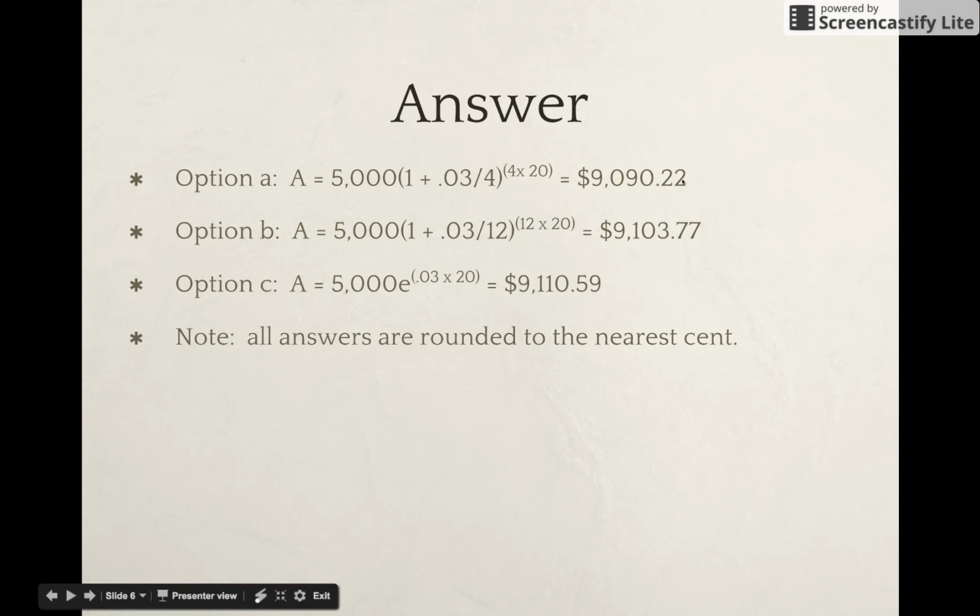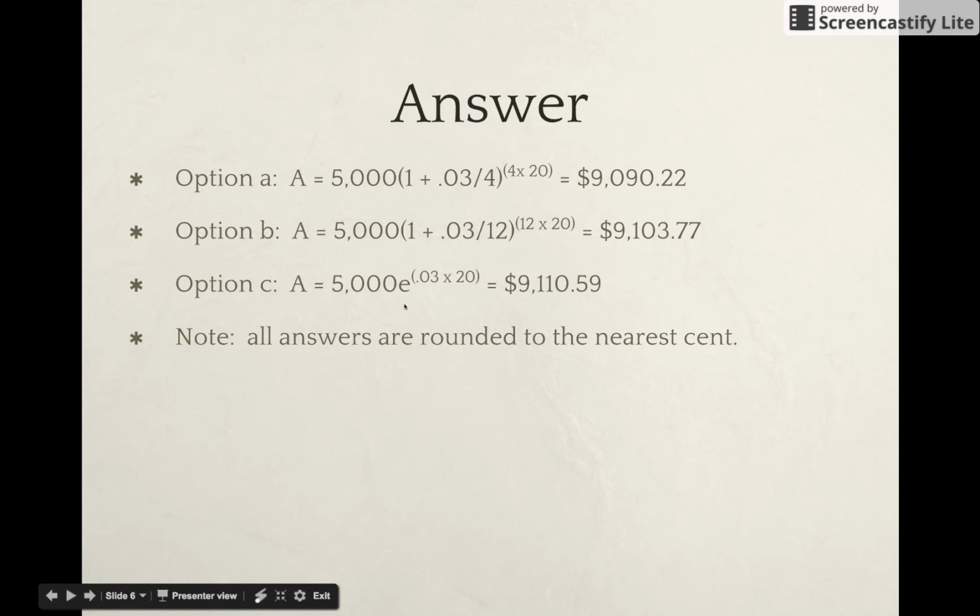Option B, using the same formula, but with a different number of compounds per year of 12, results in $9,103.77. If we compare option A and option B, we see that option B yields more money in the account after 20 years than option A. Option C, continuously compounded interest. Again, we're using A equals P e to the RT.